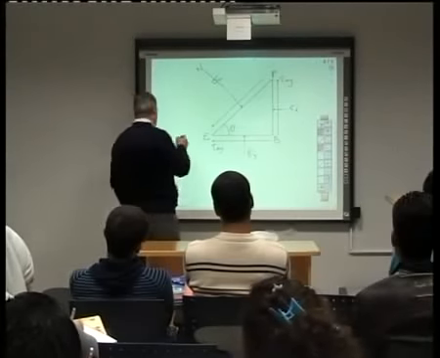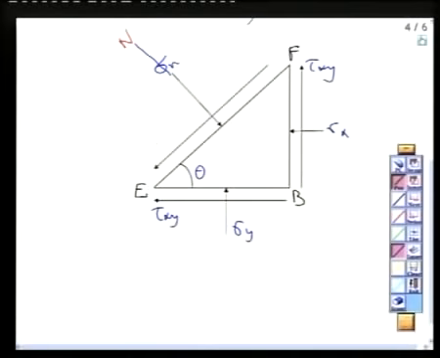And I will have tau, no, not tau, sigma, tau s. Let us call it tau s.